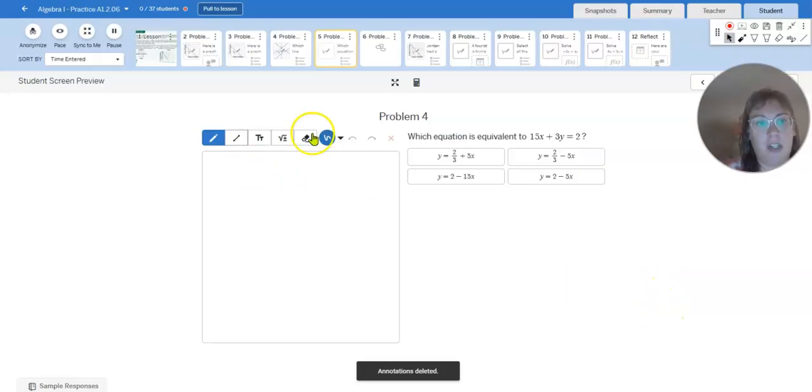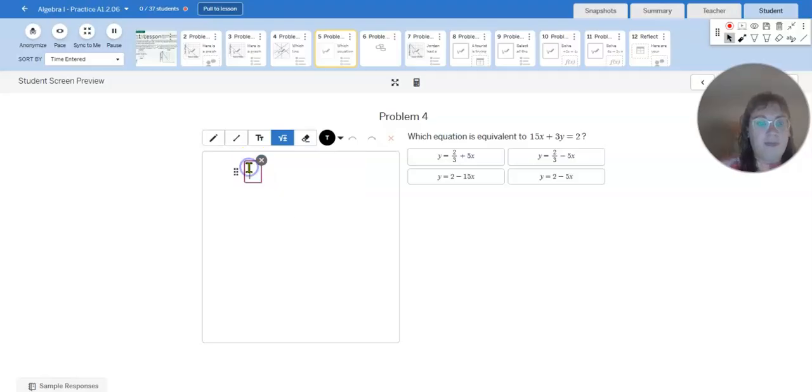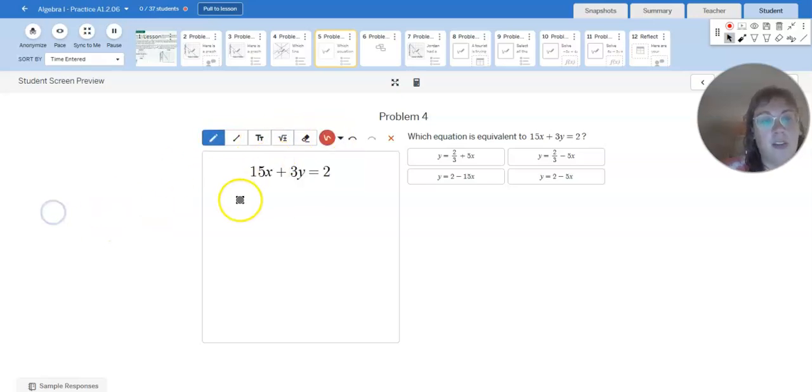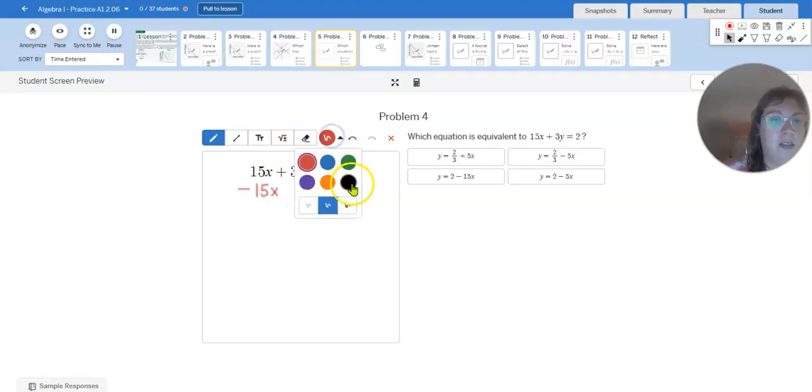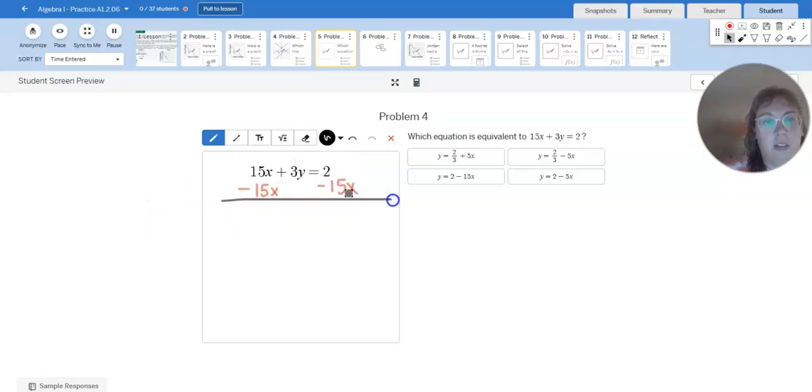Which equation is equivalent to, let's type it out, 15x plus 3y equals 2. Okay, first thing, when we're solving for y, move that x term. Since it's positive, we're going to subtract it. 15x minus 15x is 0. So we have 3y equals 2 minus 15x.